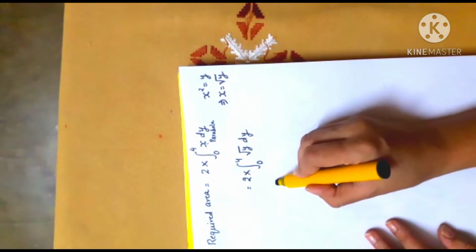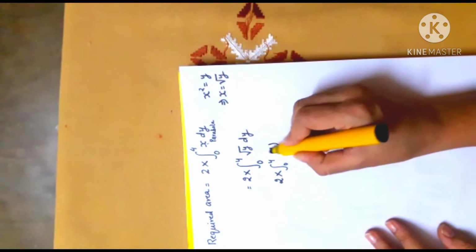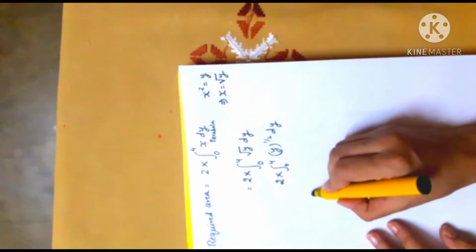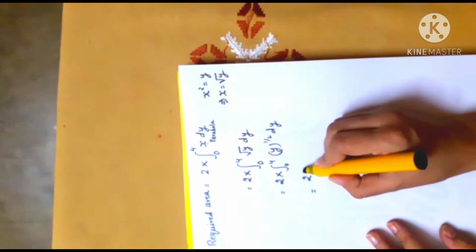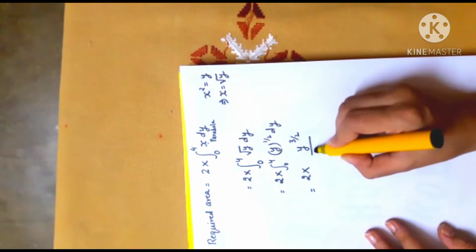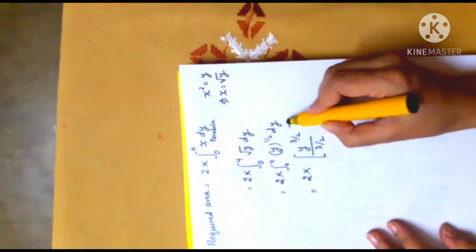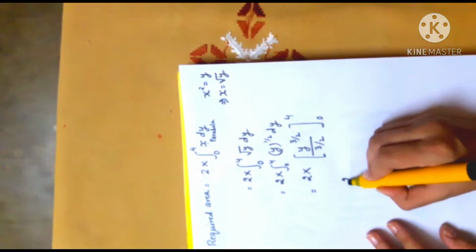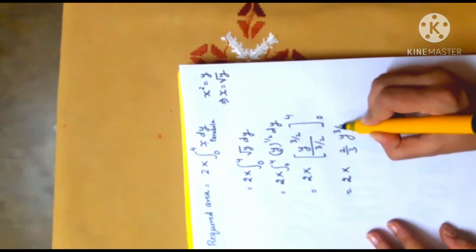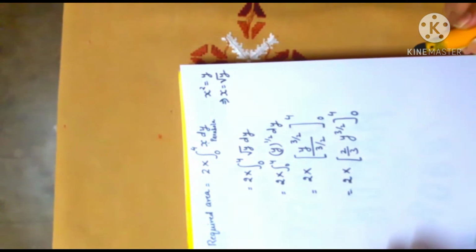Right? Yes. This can be written as y raised to the power 1 by 2. Now we need to compute this integral. So it will be 2 into integral will be y raised to the power 3 by 2 over 3 by 2 within the limits 0 to 4. That is 2 into 2 by 3 into y raised to the power 3 by 2 within the limits 0 to 4.